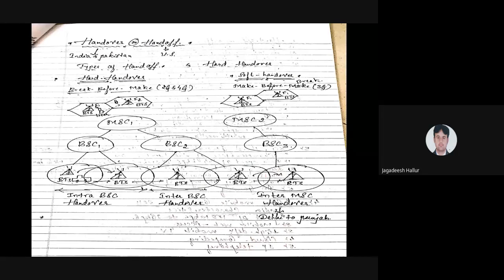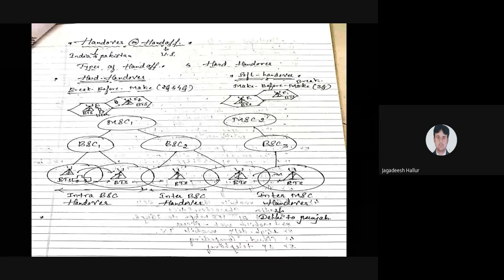Soft handoff is make before break. First you have to connect the next connection, and then break the previous connection. Getting the point? Make before break. That is used in 3G and 5G, and 4G also uses soft handoff.